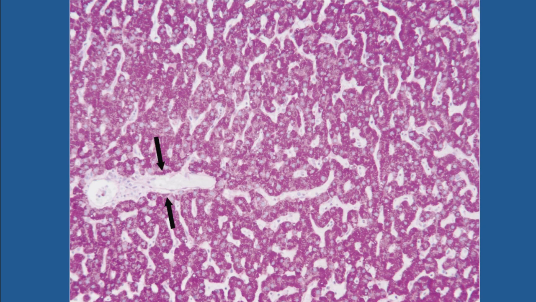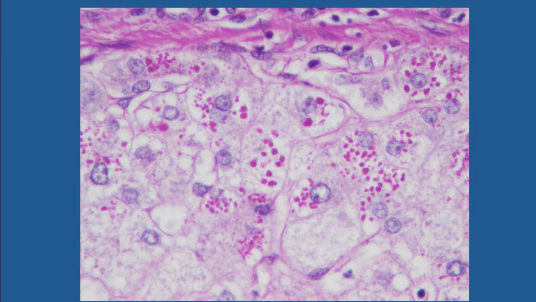But when you do the diastase, that's when it begins to have some value, because now the glycogen is all digested and you can see other material that might be deposited in the hepatocytes. So this is a classic example of alpha-1 antitrypsin globules. That's not glycogen, so it doesn't get digested with the diastase, and it comes up nicely on the PAS diastase stain.